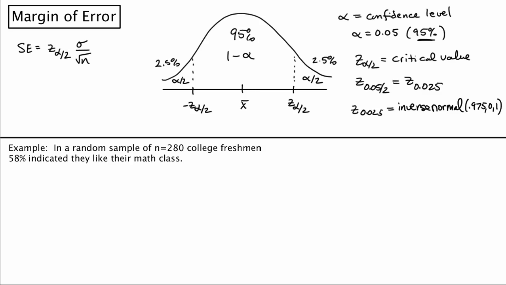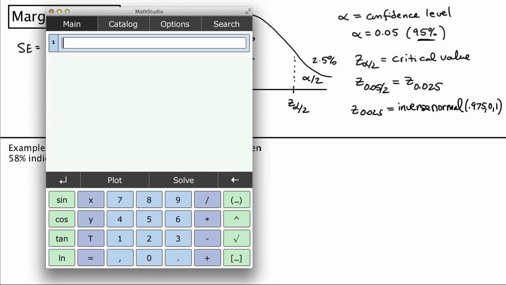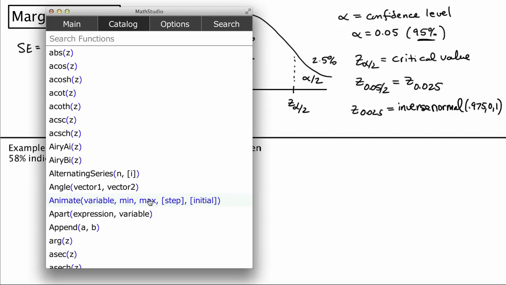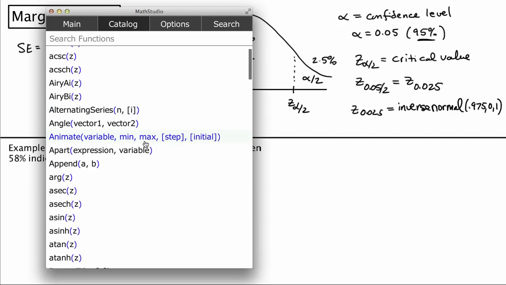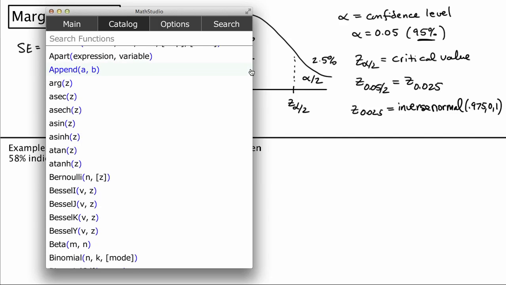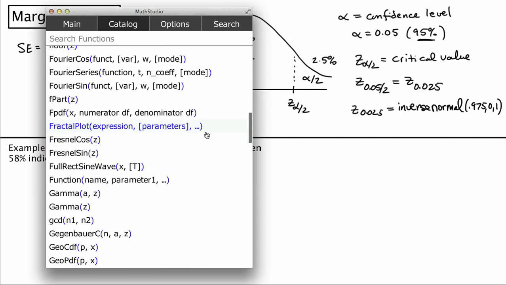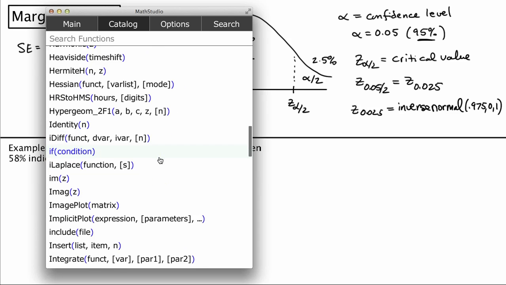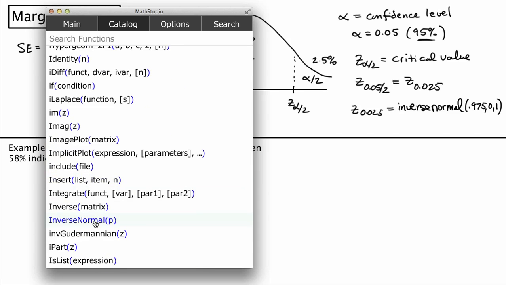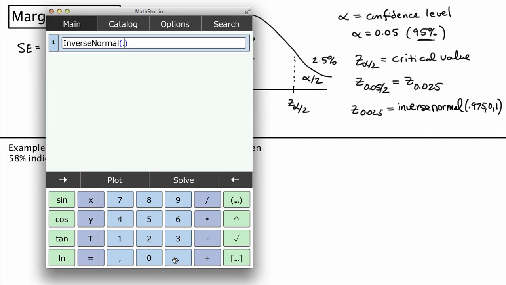If you have your calculators handy, go ahead and get those out. We'll find our inverse normal command right here, and calculate it on the standard normal scale at the 97.5 percentile.